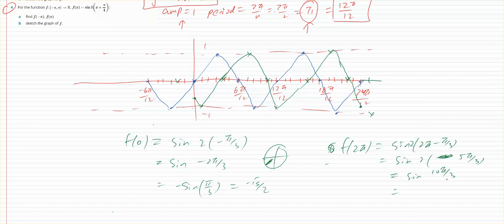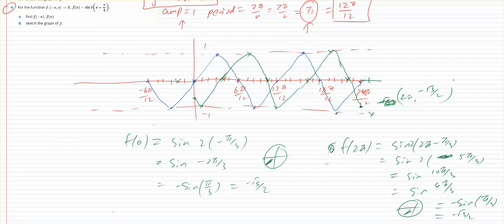Now I can get rid of 6 pi over 3 because that's one revolution around a circle. So we're left with 4 pi over 3. Again, it's in the third quadrant. It's exactly the same value. So it's equivalent to negative sine pi over 3, negative root 3 over 2. So I can label that endpoint 2 pi, negative root 3 over 2.